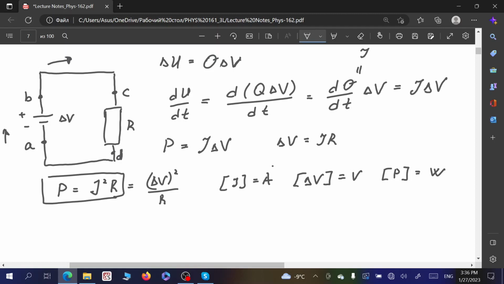So let us talk about this moment here. P is proportional to I squared, as you see from this equation.